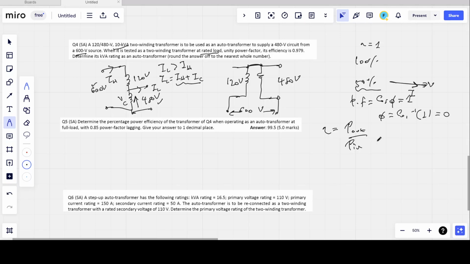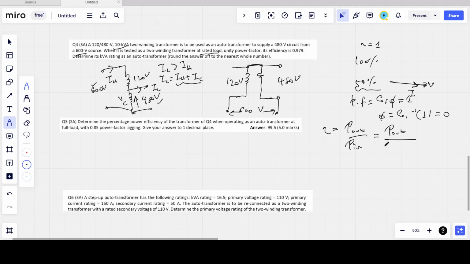So if the transformer is a two-winding transformer, then we say that the power output is equal to the power input. We are not given any information about the power input, but we know from our knowledge of physics that if you want to know the input power, you just need to know the output power and you add the losses, right?